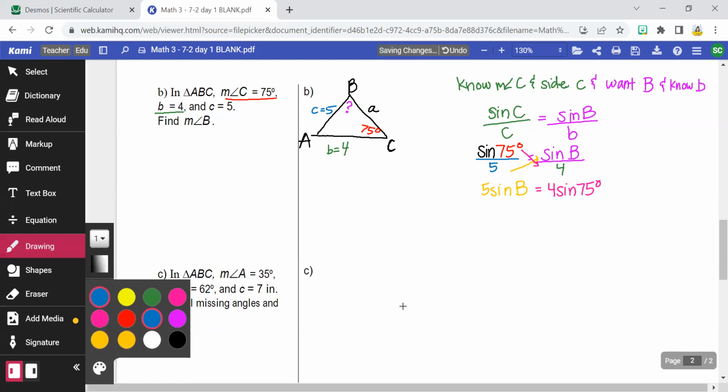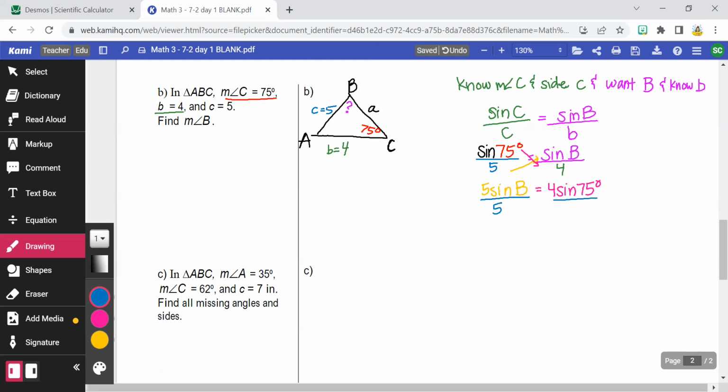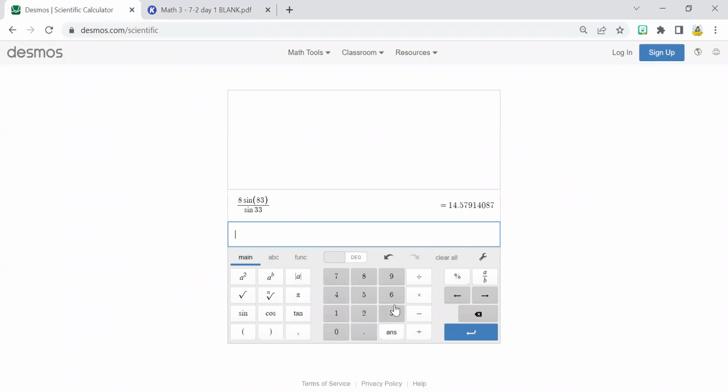So I would divide both sides by 5 to isolate sine of B. So that gives me that sine of B is equal to this. I'm going to calculate. So if we check that out, we've got 4 sine 75 divided by 5.